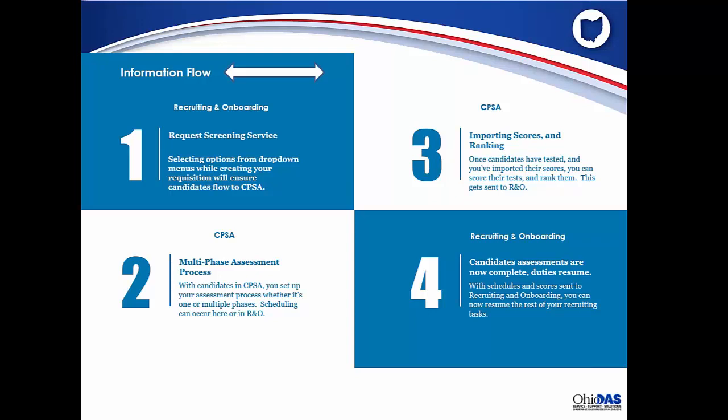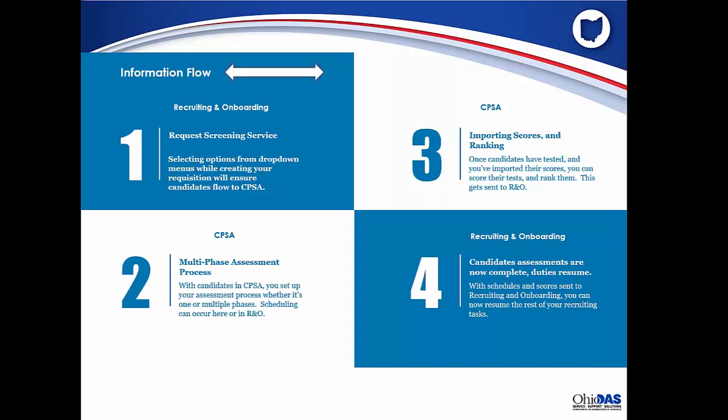And then when you are in CPSA, your candidates have flowed over there, you set up your assessment process, whether it's one or multiple phases. You can schedule manually in CPSA or self-schedule in Recruit and Onboard. And then still in CPSA, once candidates have tested, and you've imported their scores, you can score their tests, produce fast pass-fail results and rank them optionally, and then send that information over to Recruit and Onboard.